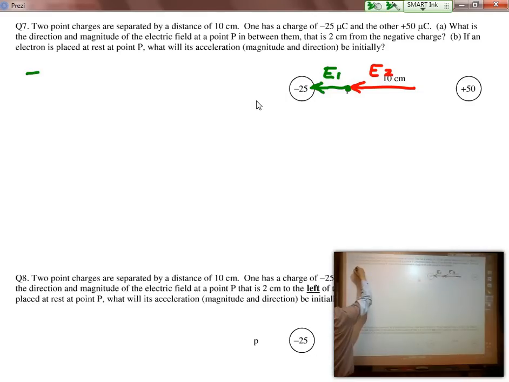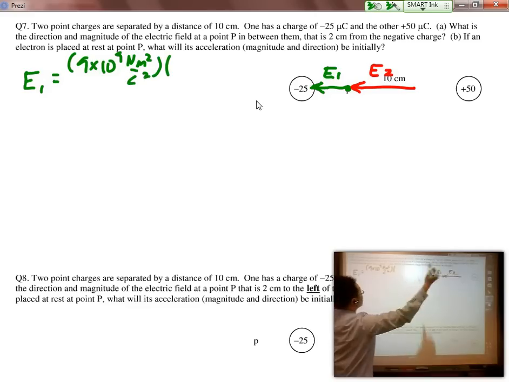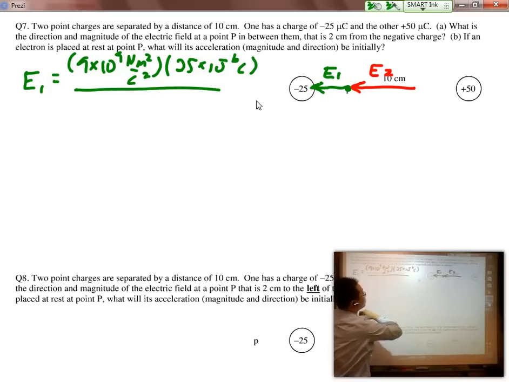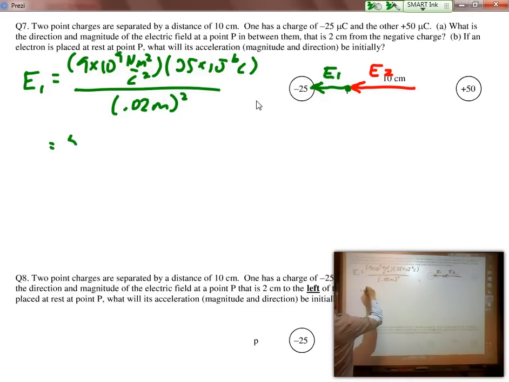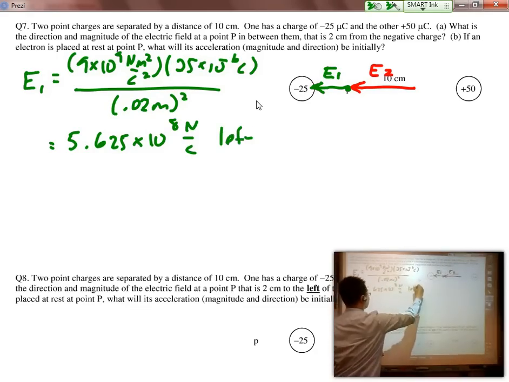So in this case, E1, which is based on negative 25 microcoulombs, is equal to 9 times 10 to the 9th newton meter squared over coulomb squared times 25 times 10 to the negative 6 coulombs divided by 0.02 meters squared. That is 5.625 times 10 to the 8th newtons per coulomb left.